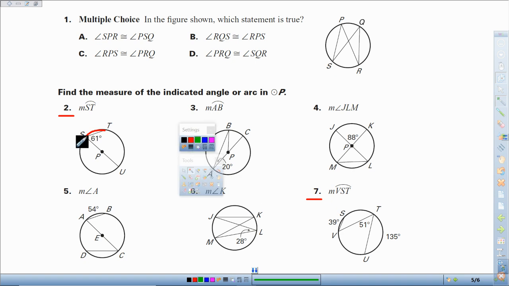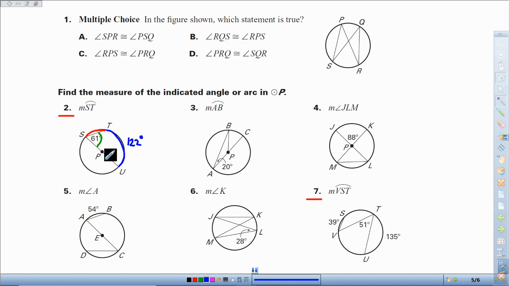We know the measure of this inscribed angle right here, 61 degrees. If you remember, the rule is that an inscribed angle's measure is half the measure of its intercepted arc. So 61 is half the measure of this arc, or this arc is double the measure of this angle. That's going to give me 122 degrees, right?